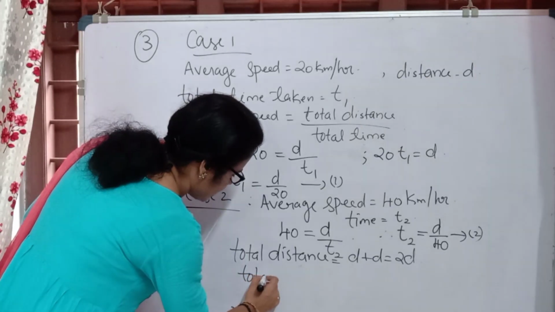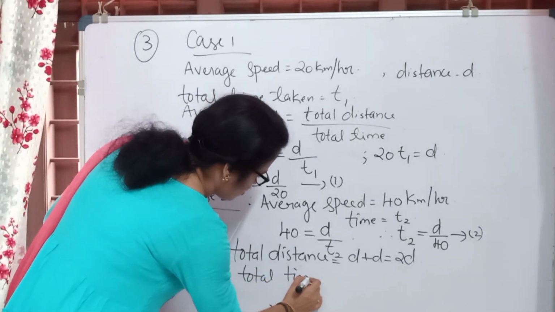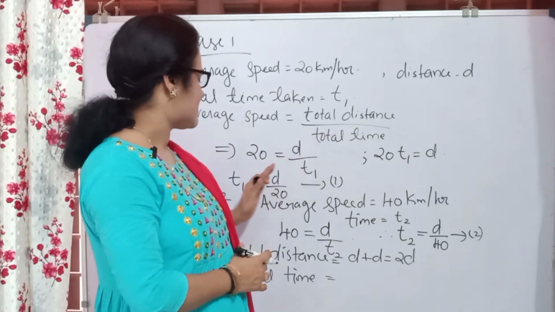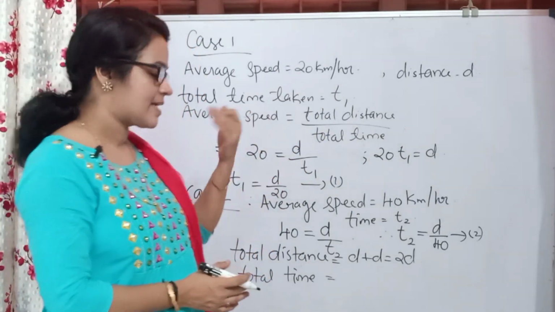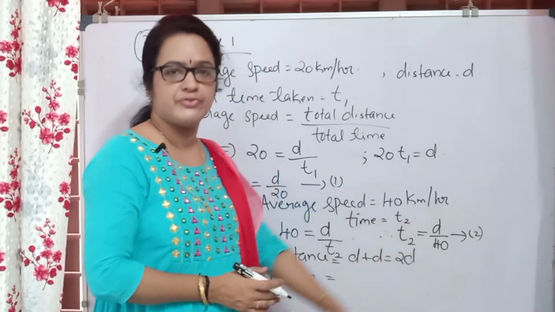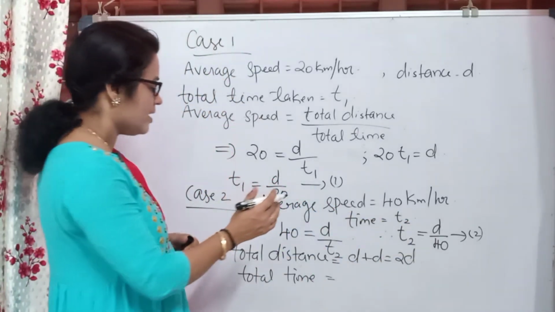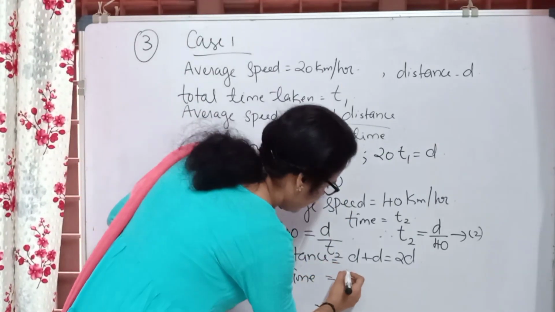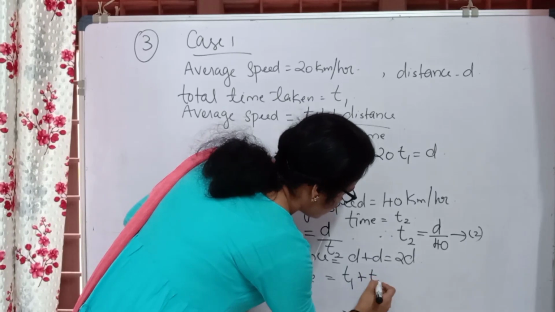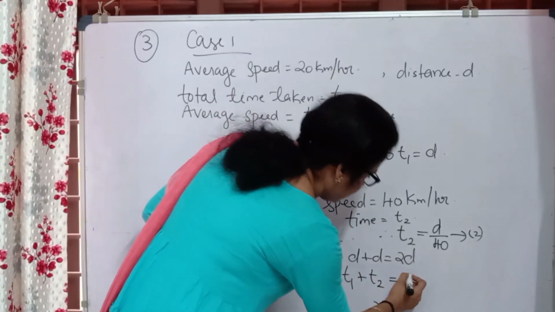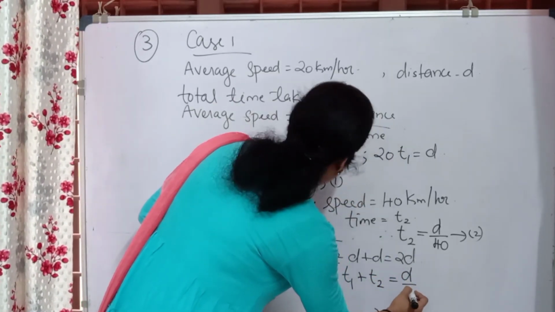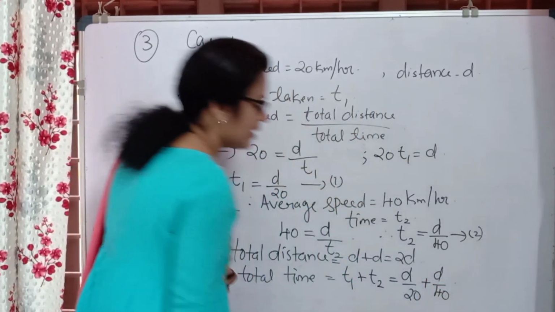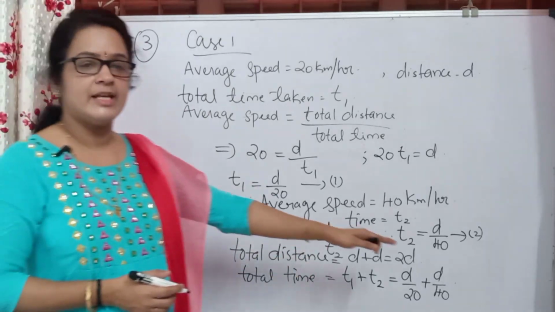Total time is t1 plus t2. When he is traveling to school the time was d by 20, and when he was coming back the time t2 is d by 40. So the total time is t1 plus t2, that is equal to d by 20 plus d by 40. Clear?